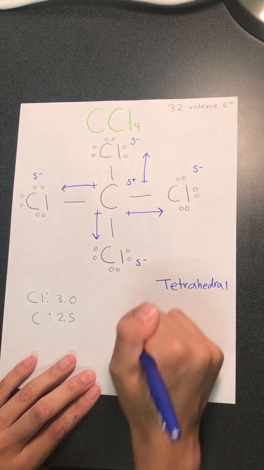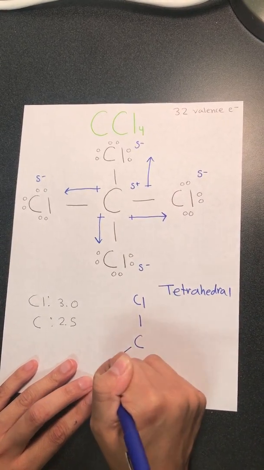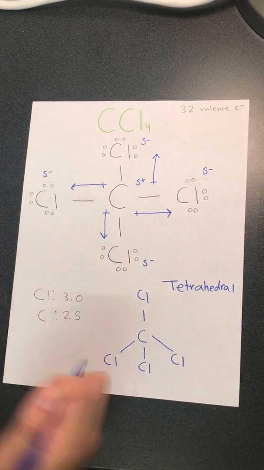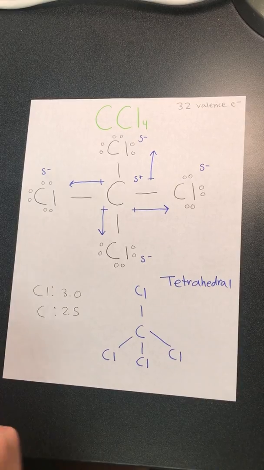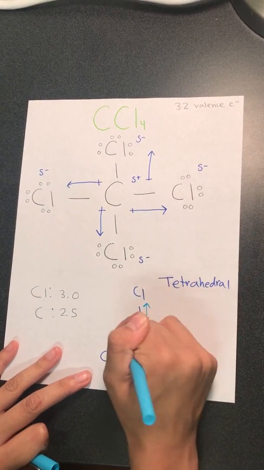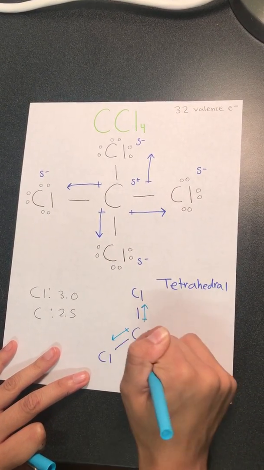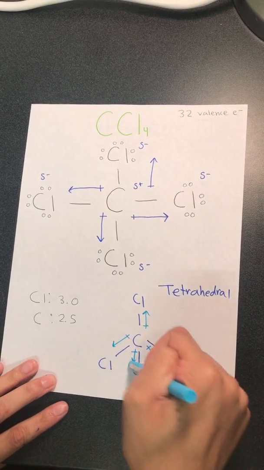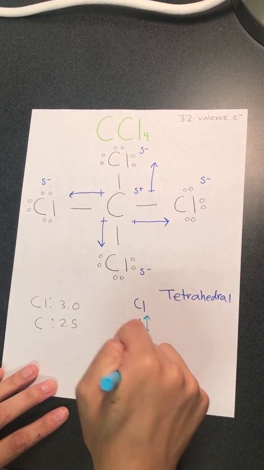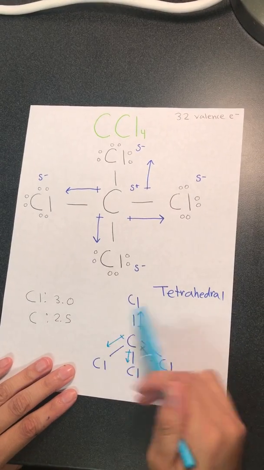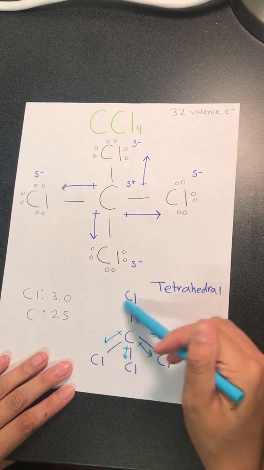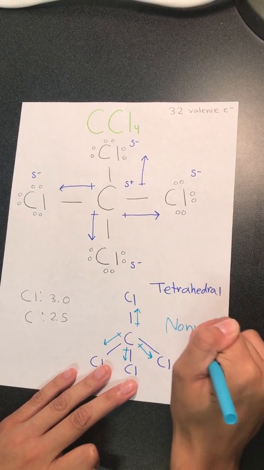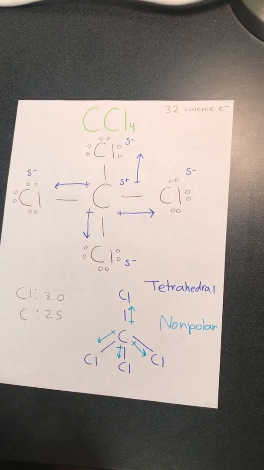So we'll go ahead and draw that. And then bond dipoles. And this structure is nonpolar because all the domains are the same, and so all of our bond dipoles will cancel, and so there will be no net molecular dipole.